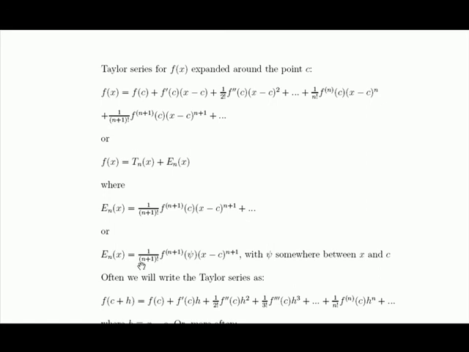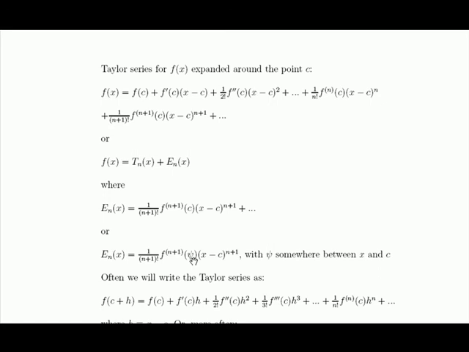Now from Calculus 2, you may recall that Taylor's error formula says that you can actually get rid of all the dot dot dots and write the error exactly in a single term, which looks a lot like the first term we ignored. It's easy to remember because it almost looks like the first term that we ignored, but the (n plus 1)st derivative of f is not evaluated at c, but at some point psi between x and c.